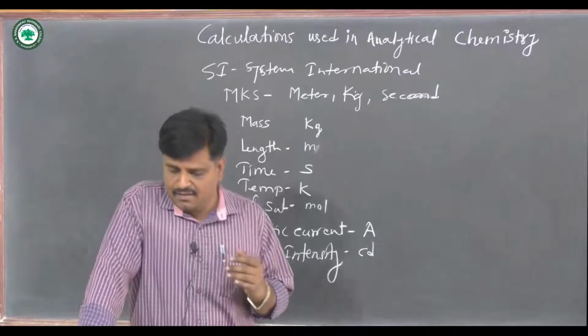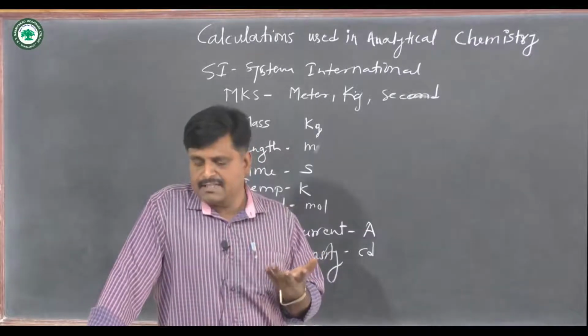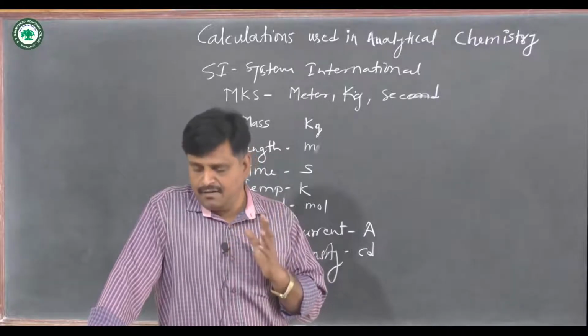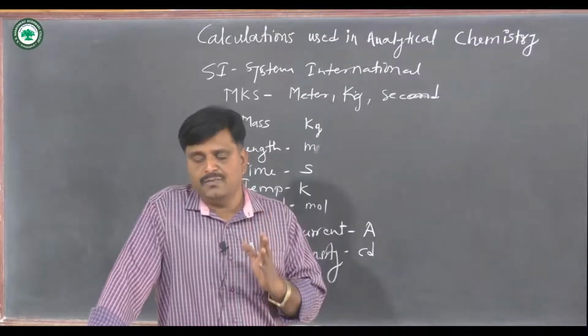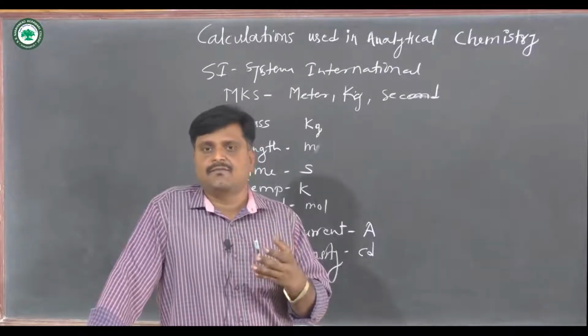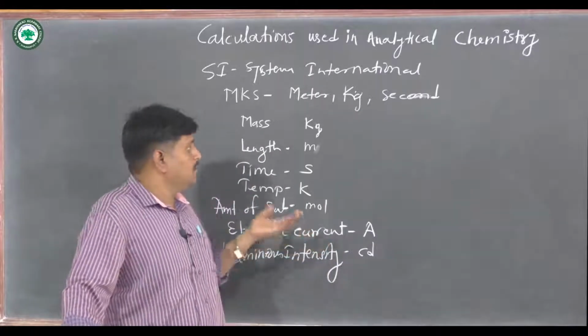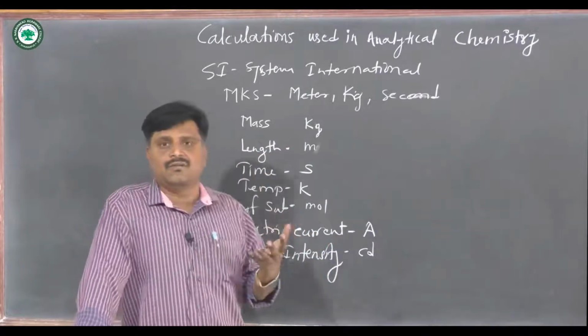Similarly we use nano, micro and milli. Milli is 10 raised to minus 3, and nano means 10 raised to minus 9.